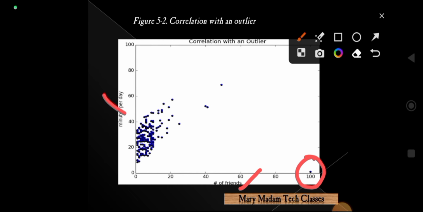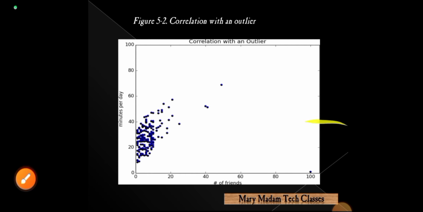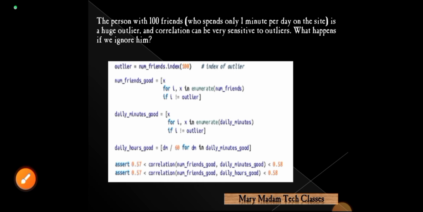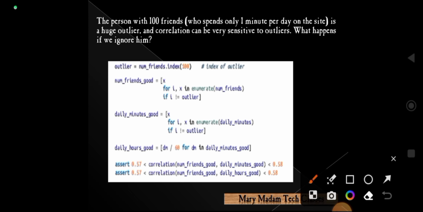The x-axis is number of friends, the y-axis is minutes per day. This figure shows the correlation with an outlier. The person with 100 friends spends only 1 minute per day on the site. It is a huge outlier, and correlation can be very sensitive to outliers.